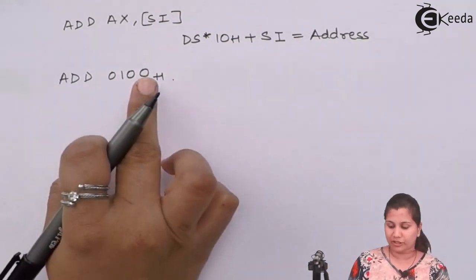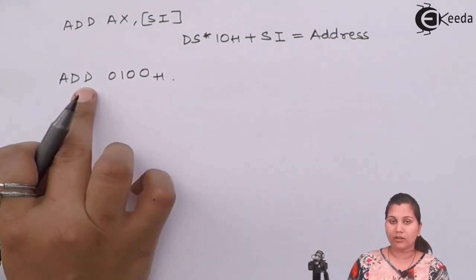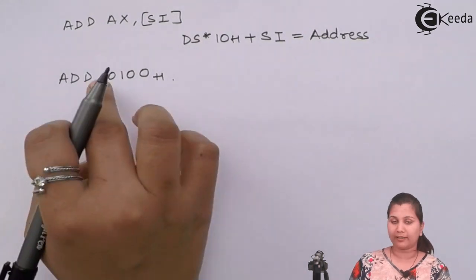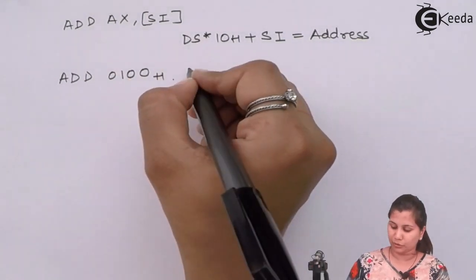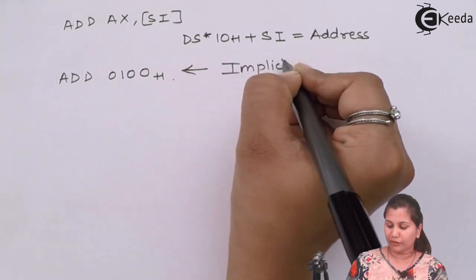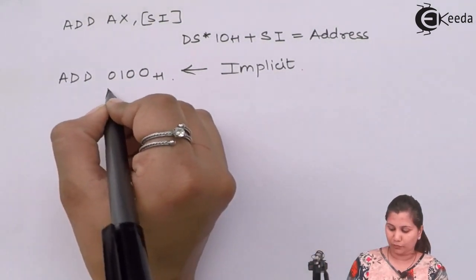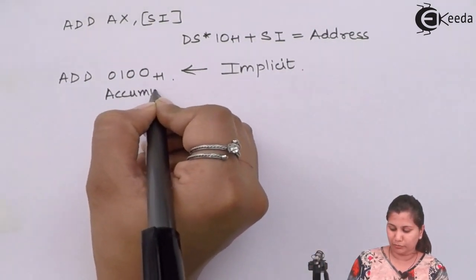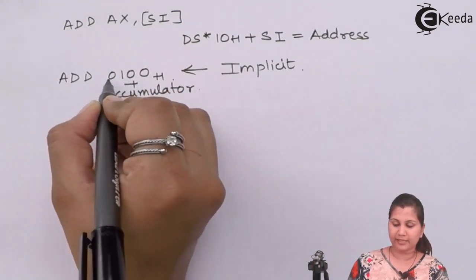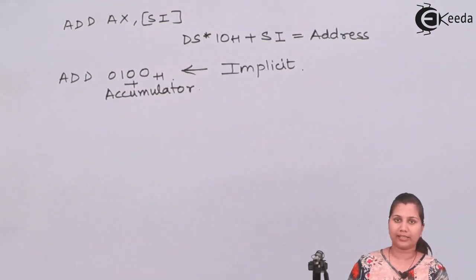Suppose this type of instruction is written: add 0100h. Here the operand is specified in the instruction itself. The operand is implicit here, so this is a type of implicit addressing. Here by default we use the destination register as the accumulator. So one of the operands will be the accumulator. Its contents are added with this data 0100 and the result will be stored in the accumulator itself.